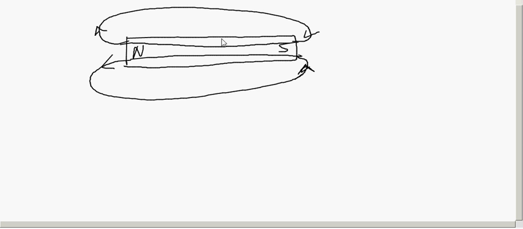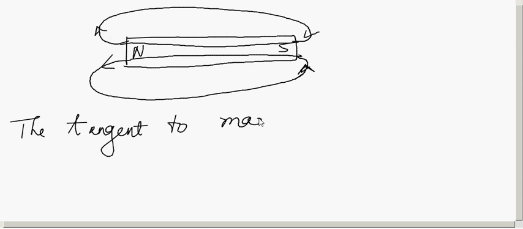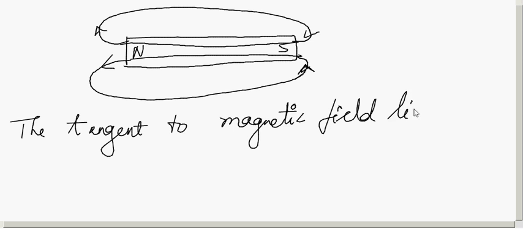Now, the tangent to a magnetic field line at any point gives the direction of magnetic field at that point, just like your electric field lines are used for finding the direction of electric field.